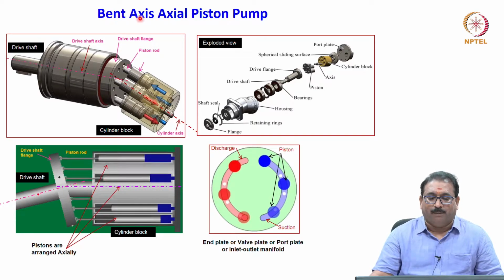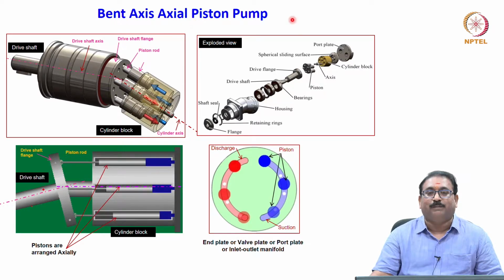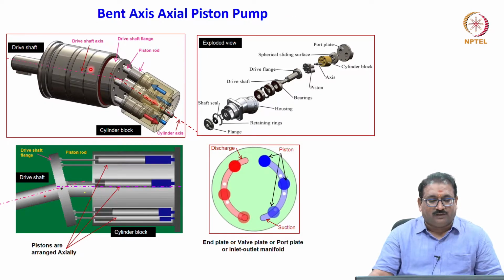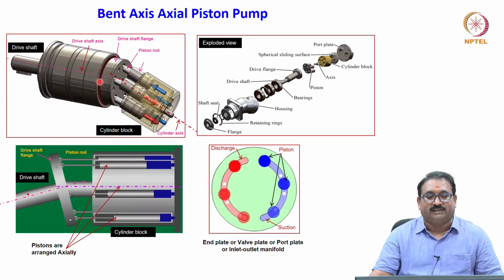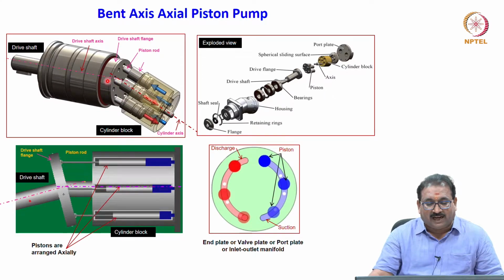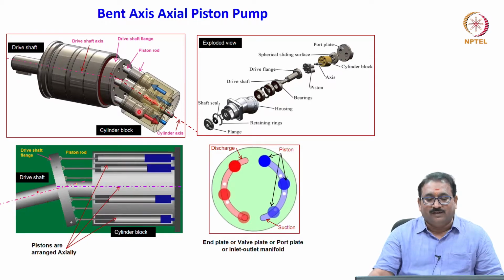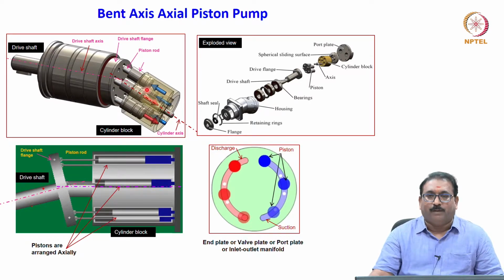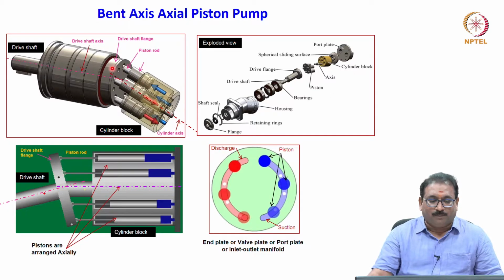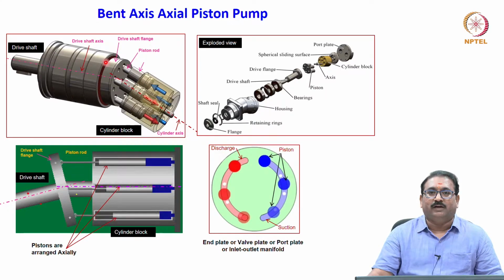The first category is the bent axis piston pump. What is the meaning here? You will see the axis of the drive shaft and the cylinder block axis are inclined. For better understanding, I have taken some pictures from different sources.